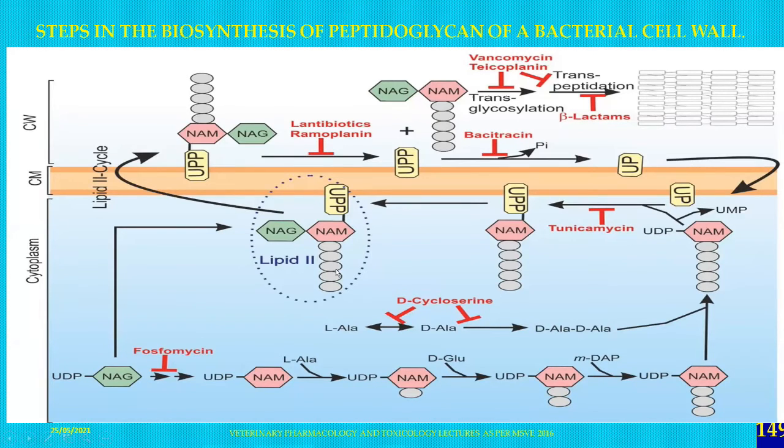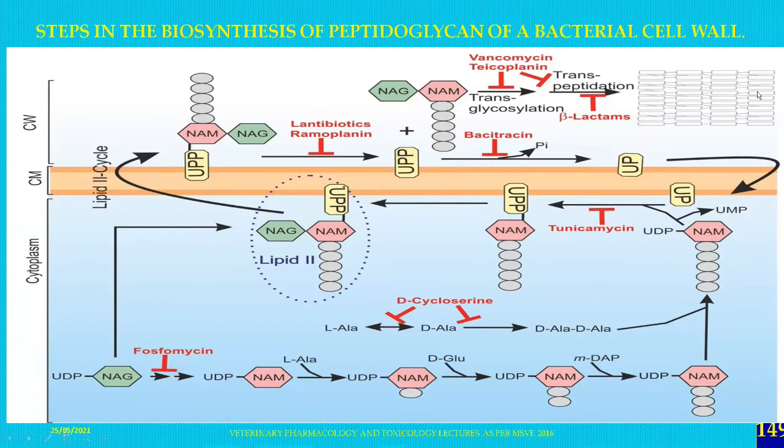The basic materials for the synthesis of bacterial peptidoglycan are some lipids and also glucosamine.